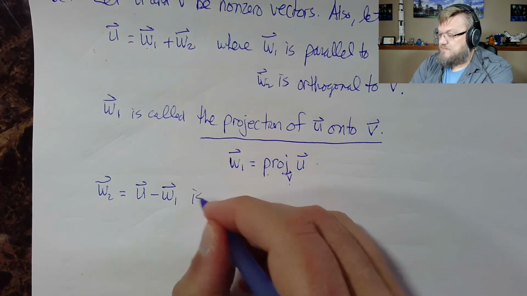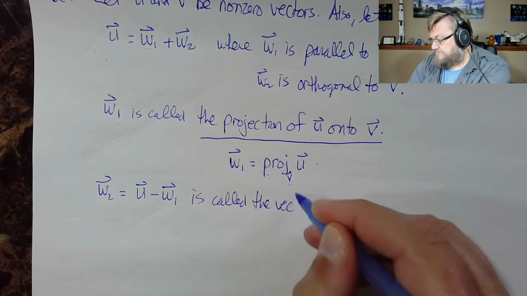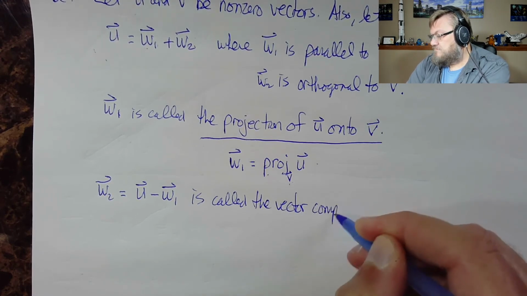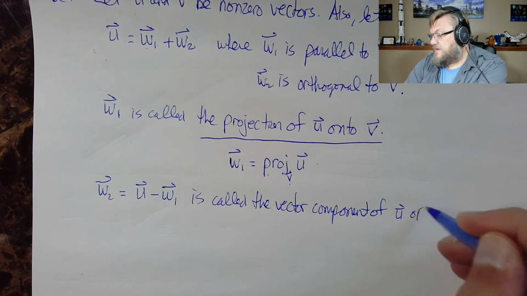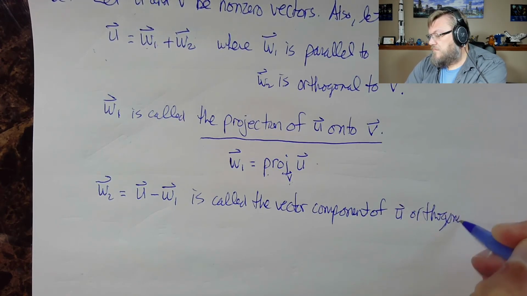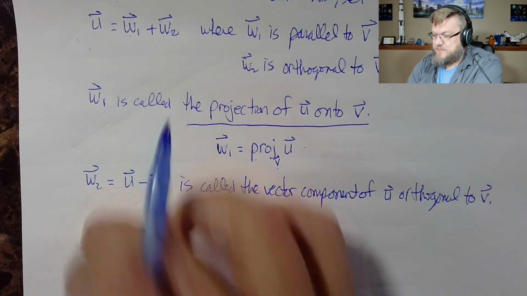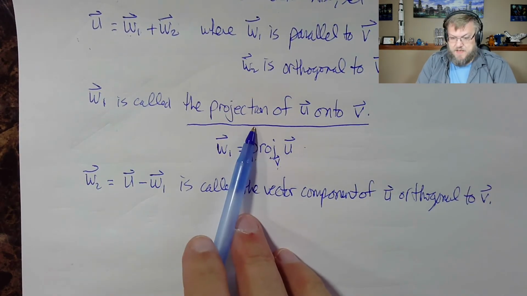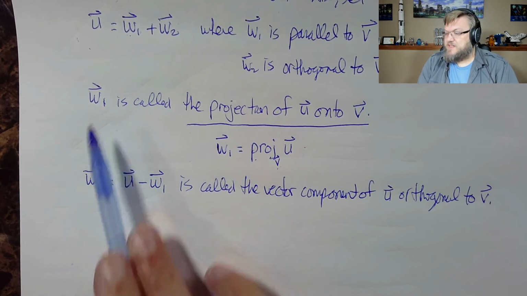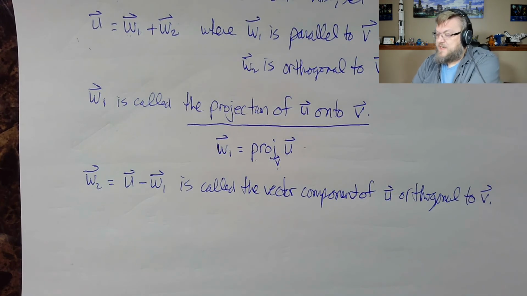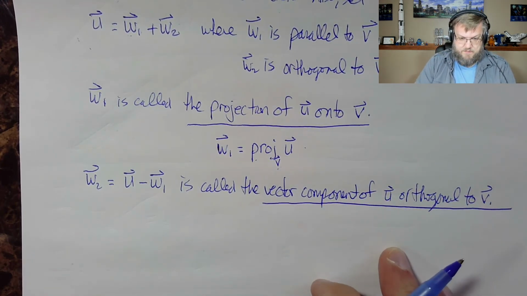But it's called the vector component of u orthogonal to v. So w2 has a name, w1 has a name. When I say the projection vector, I'm talking about w1. For w2, I'll have to be a little more specific and say it's the vector component orthogonal to v.